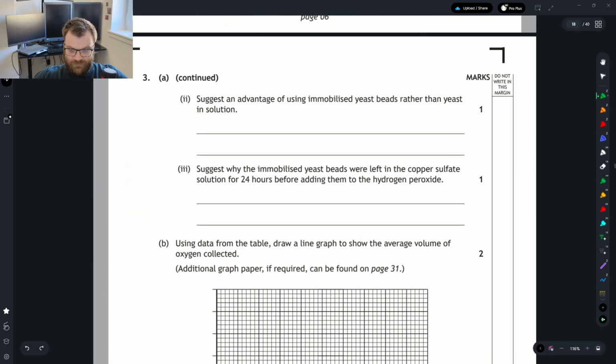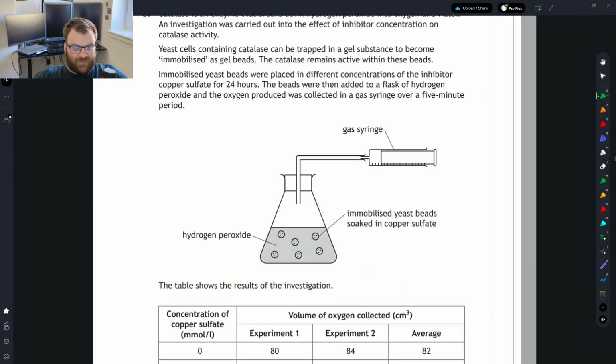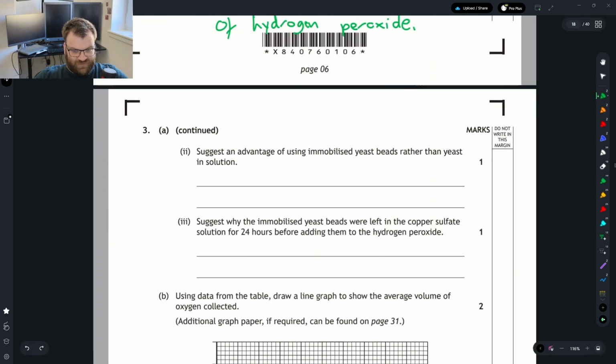For that, why would we use immobilized beads rather than yeasts in solution? Well, the beads were getting placed into the inhibitor for a day and then moved across. If you're trying to do that with a solution, it's going to be a lot more difficult to do.